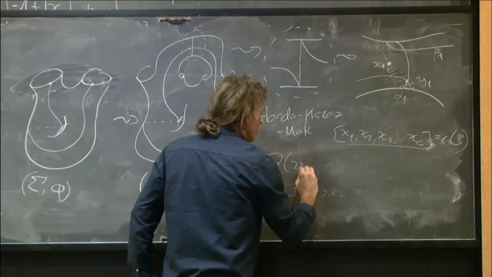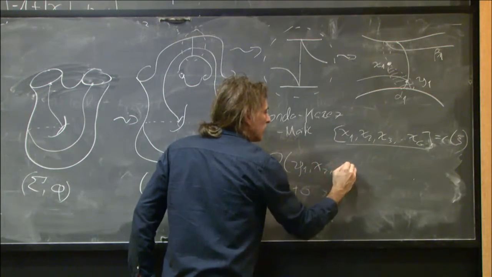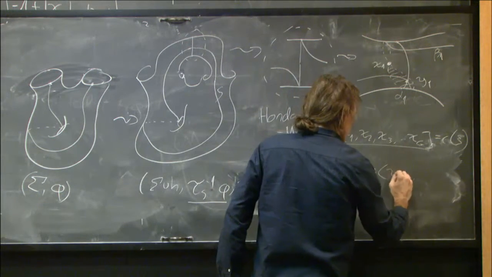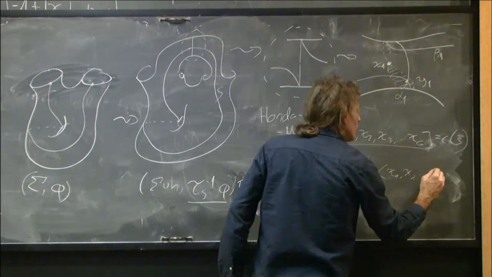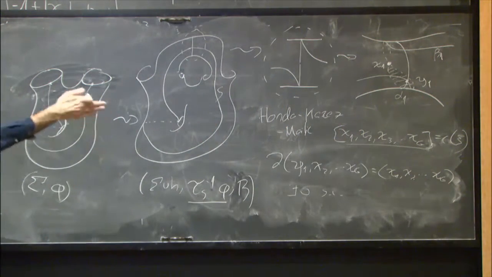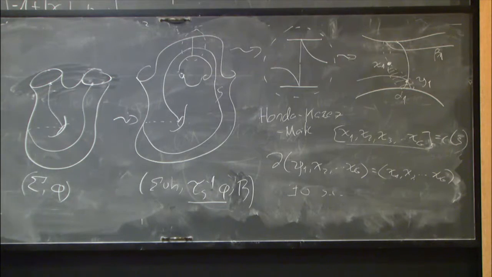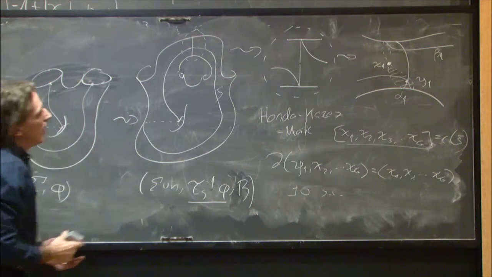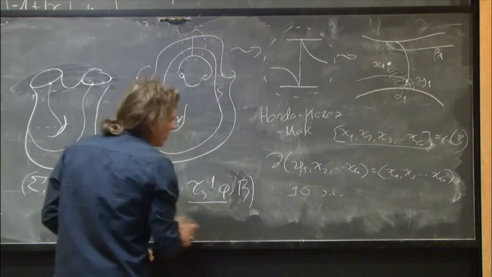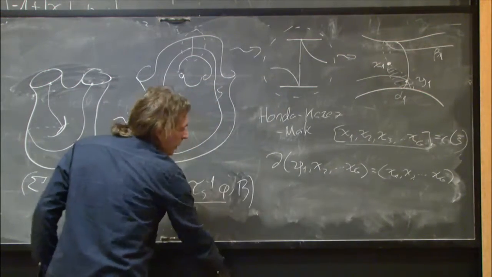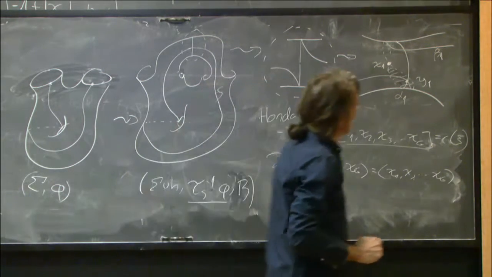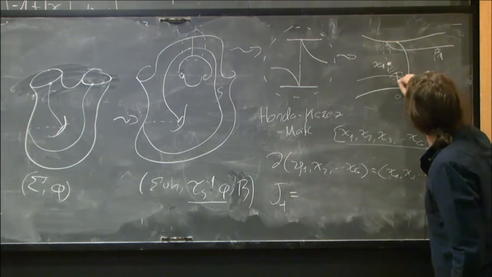We see there's a boundary of y1, x2, ..., xg, which is exactly what we wanted, x1, x2, ..., xg, which is then, as we said, the contact class, so the thing vanishes in homology. And we can then check the J plus of this thing. So we call it D.